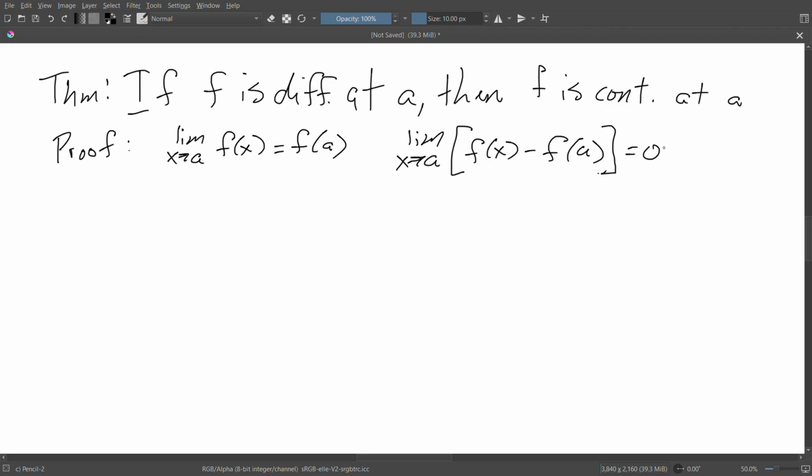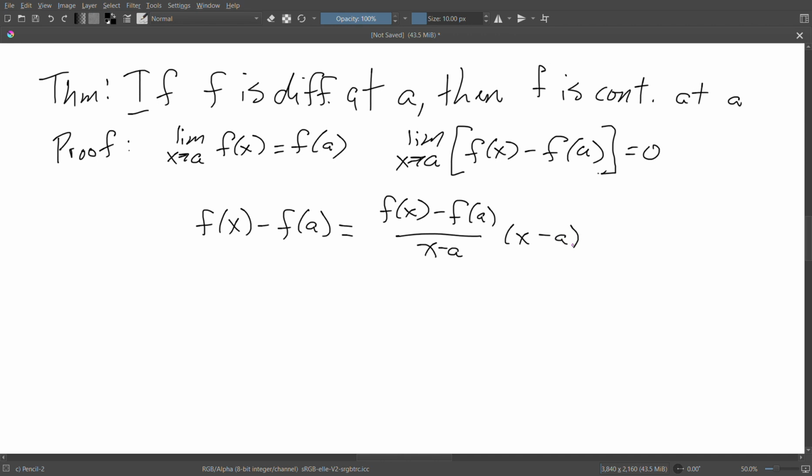So I've just moved the f of A to the left-hand side and brought it inside the limit, and we're going to show that this thing is equal to 0. Well, first, notice that this thing is certainly equal to f of x minus f of A divided by x minus A, and then we can times it by x minus A as well. So essentially I'm just multiplying and dividing by 1. Here we're thinking of x as something different than a.